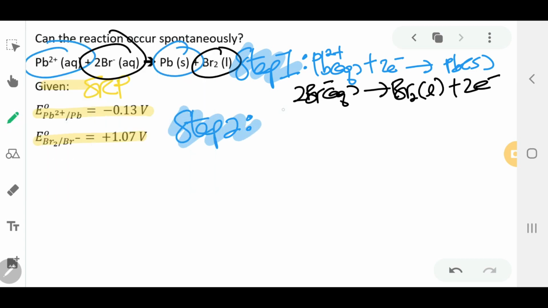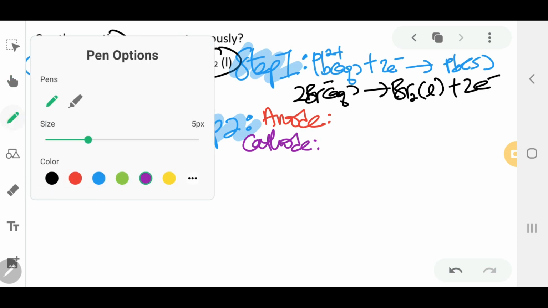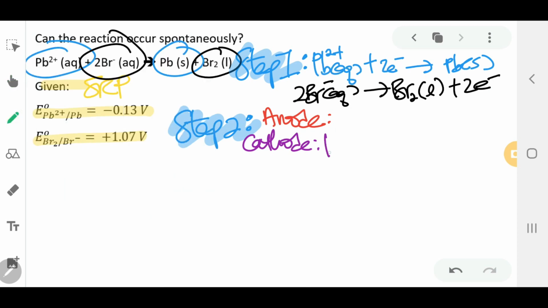Remember, anode is oxidation, cathode is reduction. Red cat, reduction. Reduction is gaining of electrons. So the one that is gaining electrons is lead. So we're going to write it over here.